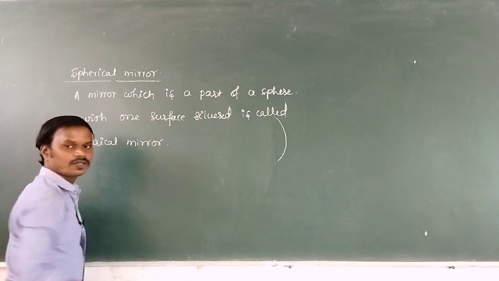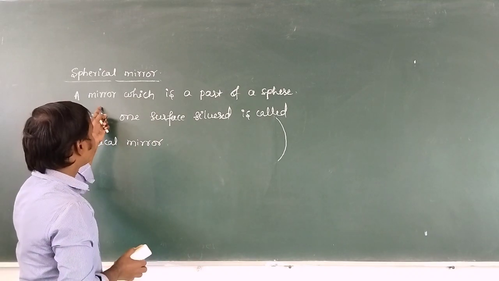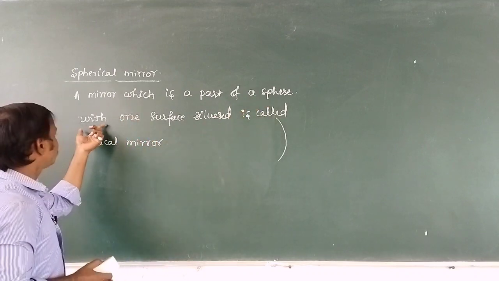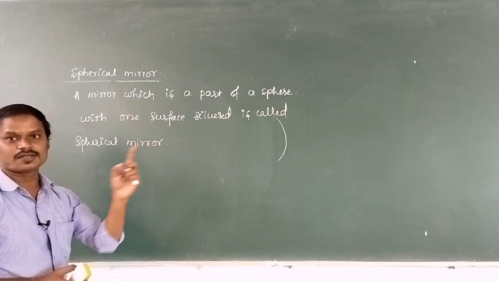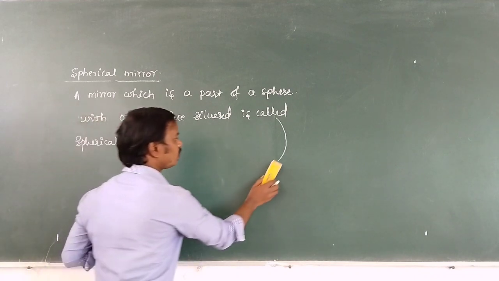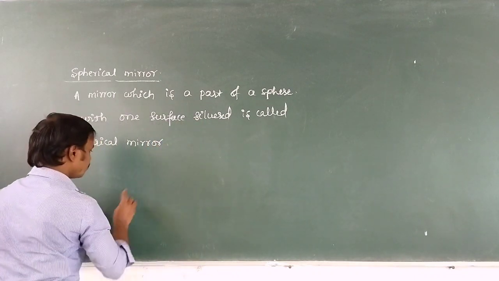Once again listen here, what do you mean by spherical mirror? A mirror which is a part of a sphere with one surface silvered, means one surface is silvered, is called spherical mirror. Let us consider a sphere.